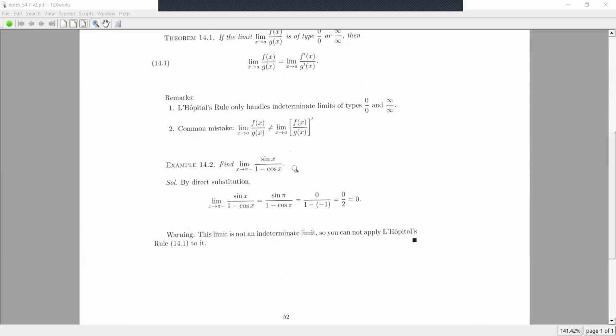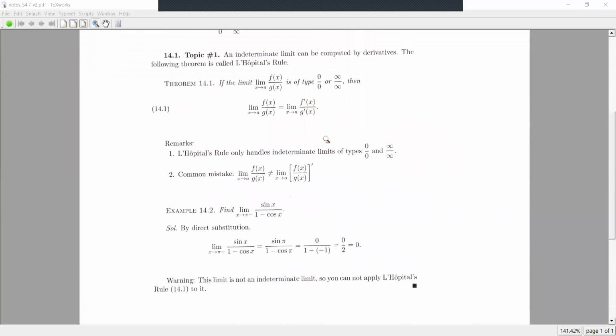So this limit is 0. Actually, this limit is an easy limit, not a difficult limit. Direct substitution can handle this limit. So for this limit, I put a warning. This limit is not an indeterminate limit, so you cannot apply L'Hopital's rule. L'Hopital's rule handles difficult limits, and those difficult limits are either one of these two types.